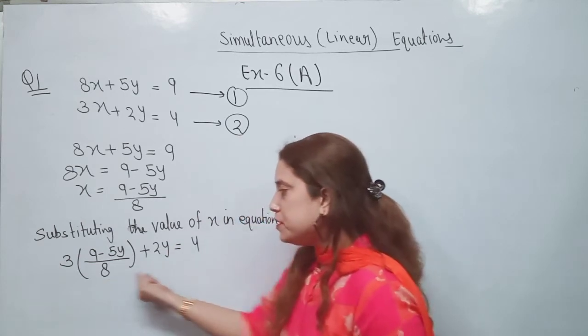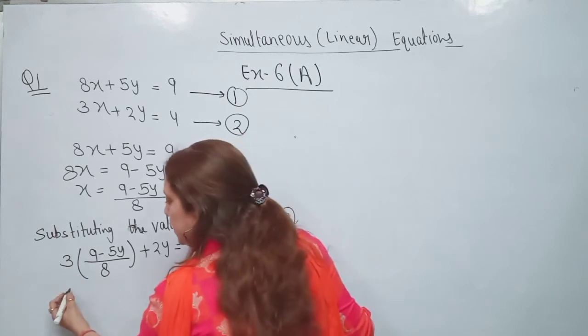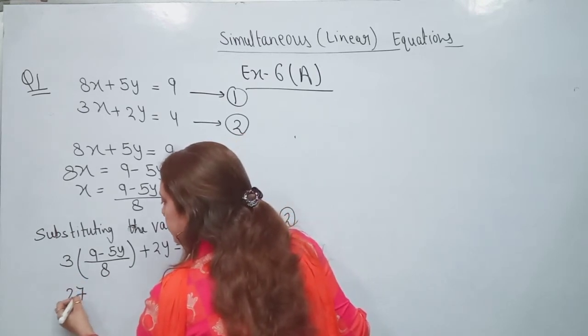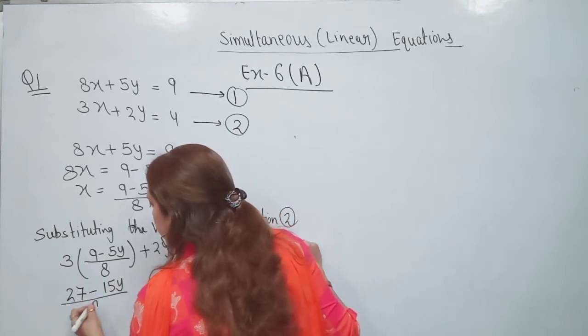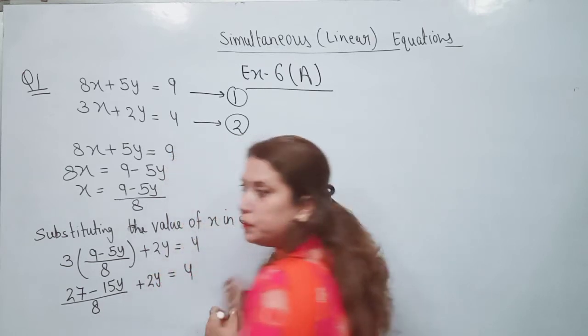After that we will solve for y. Now open the bracket. So it will be 27 minus 15y upon 8 plus 2y is equal to 4.